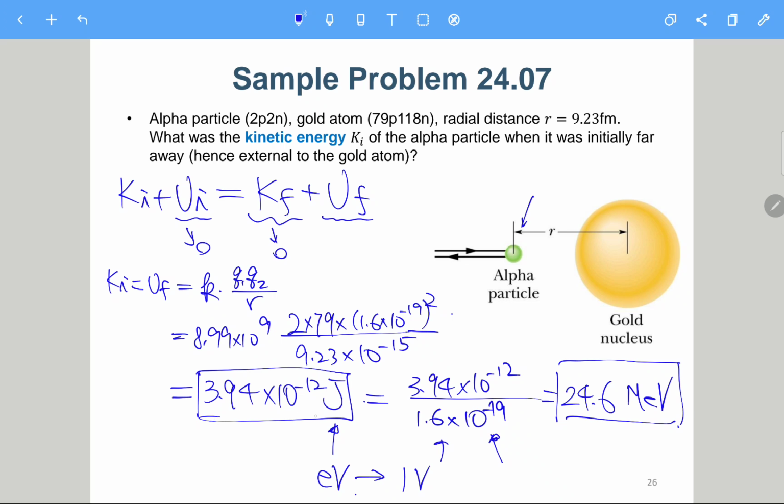So when you come up with joule, then you will have a number like 10 to minus 10, 10 to minus 12 or whatever. So using the eV, it will make this number larger. So any questions?